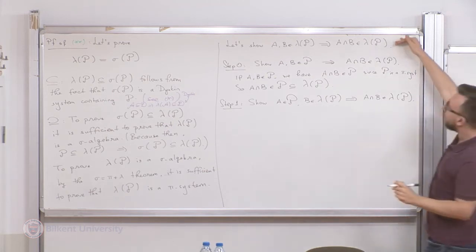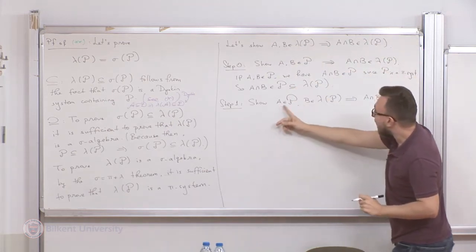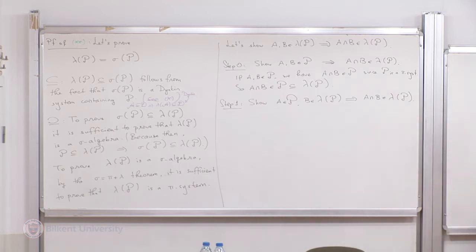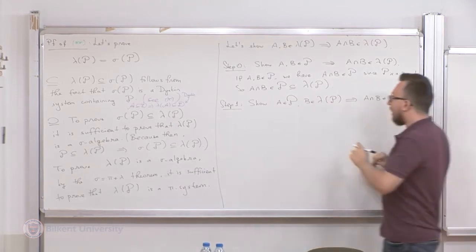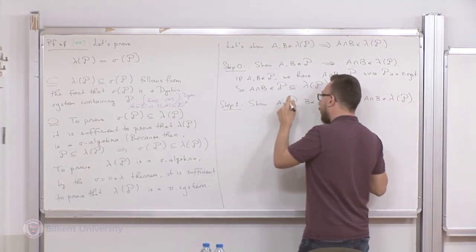I'm not passing to the full generality. Now, A is in P, B is in lambda P. Okay, that is step 1. And this is a little tricky proof.